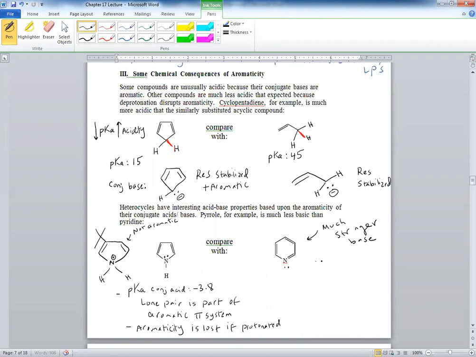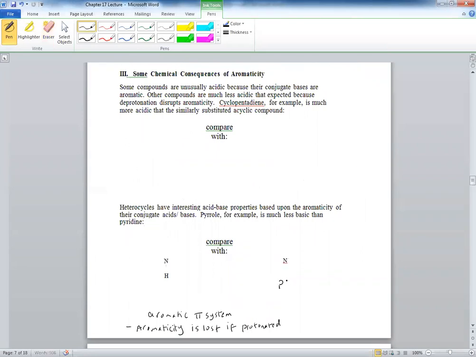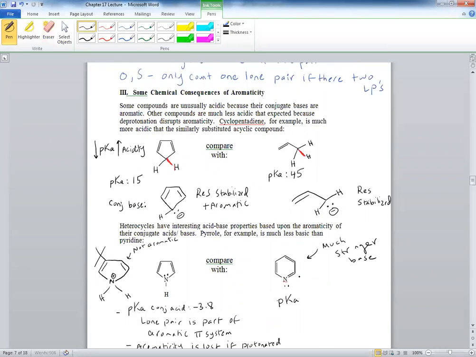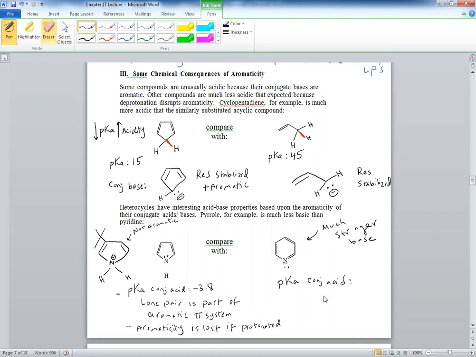The pKa, let me write it down here. So the pKa of the conjugate acid is 5.